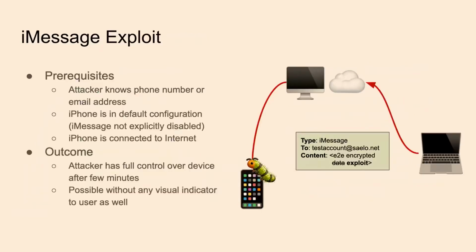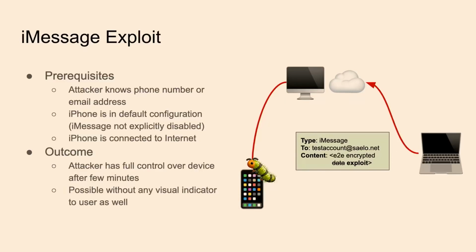So what does an iMessage exploit look like? In terms of prerequisites, the attacker only needs to know the phone number or the email address, which is the Apple account. The iPhone has to be in default configuration. You can disable iMessage, but that's not done by default. And the iPhone has to be connected to the internet. That's pretty much all you need for this exploit to work.